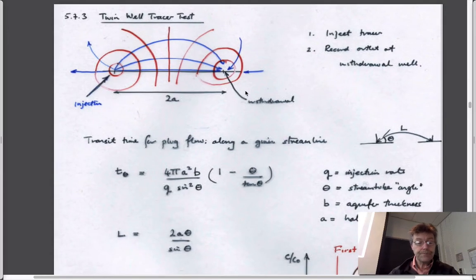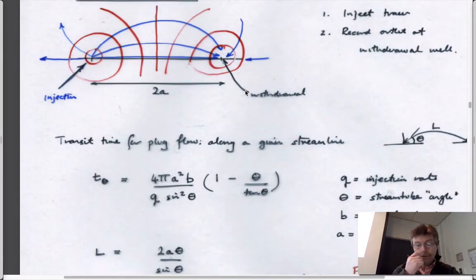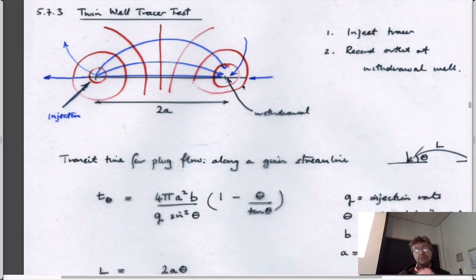And so you could imagine doing a tracer test with wells, and this kind of highlights one of the fallacies of this injection recovery test that we just talked about, or the push-pull test. And that is that there is some mechanical dispersion that occurs, which is purely a function of the geometry of the test.